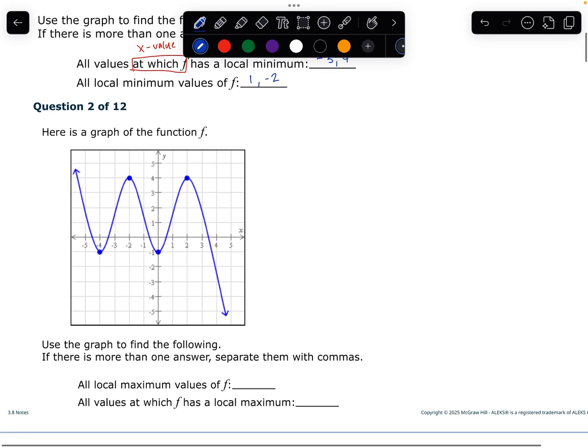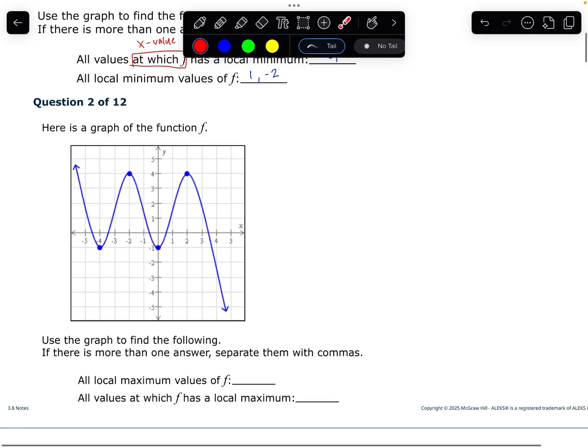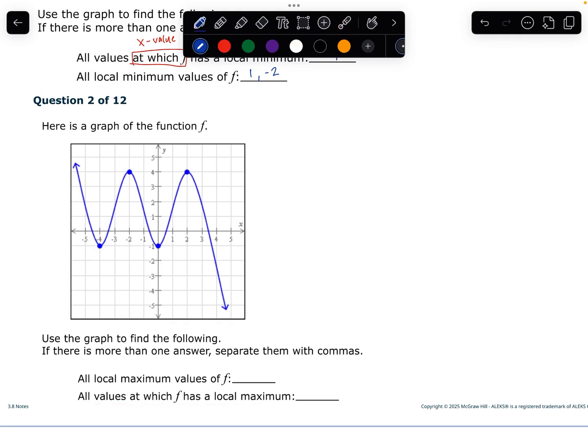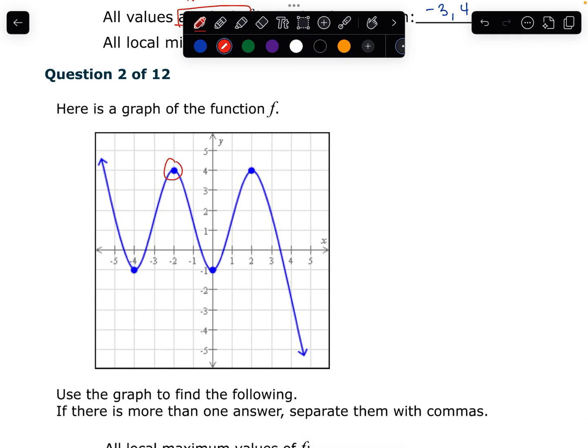For 2, it's a similar question. All local maximum values, and at which values of x do they occur? How many local maximums do I have? I have a local maximum here. Again, a maximum is the opposite, where it changes from increasing to decreasing. So here's a local maximum and here's a local maximum. The point here is (-2, 4), and the point here is (2, 4).